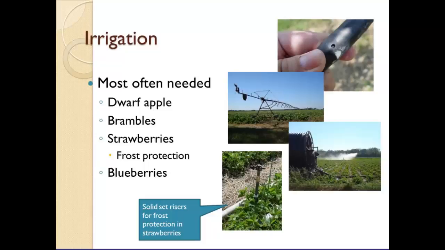That would be the raspberries and blackberries. And for strawberries, mostly for frost protection, and blueberries almost required because they require a uniform soil moisture, more so than a lot of our other crops. So in all of those, I'm going to say that it's almost a requirement that irrigation be part of your planning.